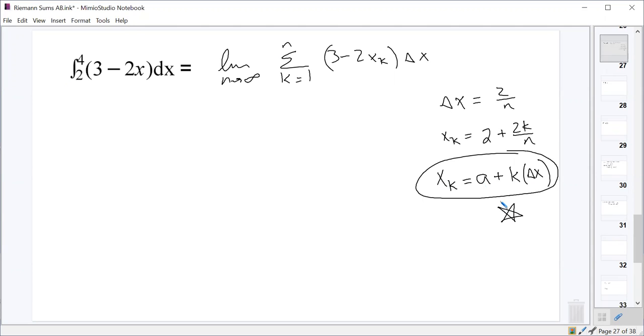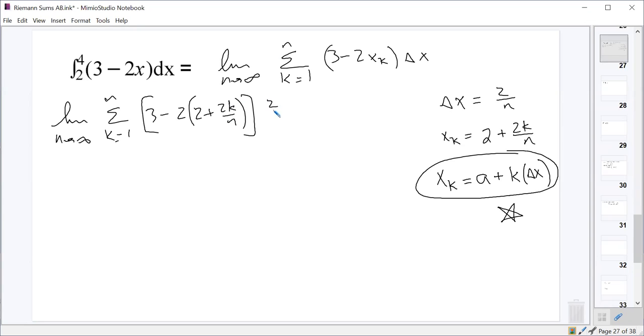Yeah. All right. So this becomes the limit as n approaches infinity of the sum from k equals 1 to n of 3 minus 2 times 2 plus 2k over n, times 2 over n. And if we distribute all this through, this becomes 3 minus 4, right? If I do the minus 2 times the 2. So that's a negative 1 times the 2 over n. Almost forgot my summation.